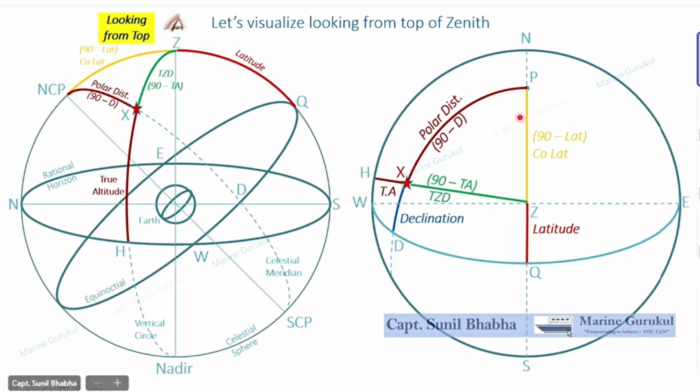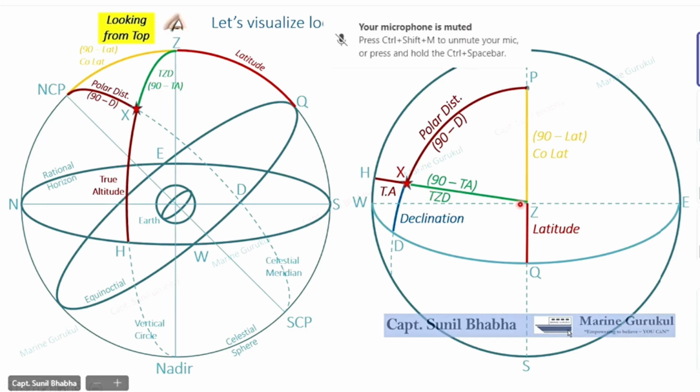So you can see now all the three sides of the PZX triangle shown in the rational horizon plane. As you can appreciate looking at both these diagrams, the diagram made on the plane of the rational horizon is much simpler and easier to make, and you will be able to make it in much lesser time as compared to the celestial sphere diagram on the left hand side.